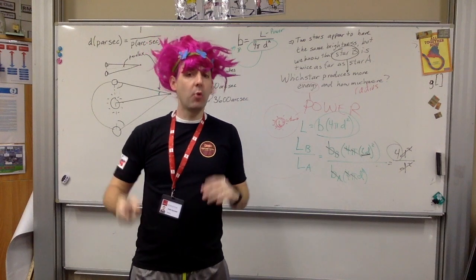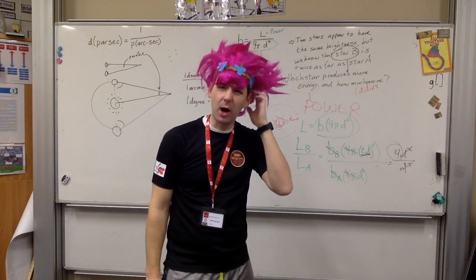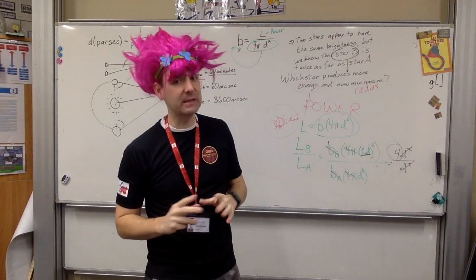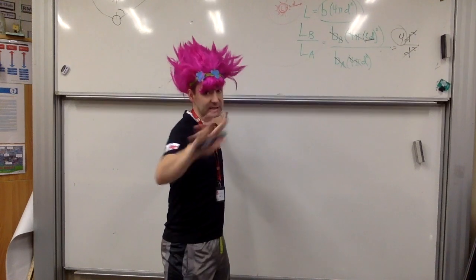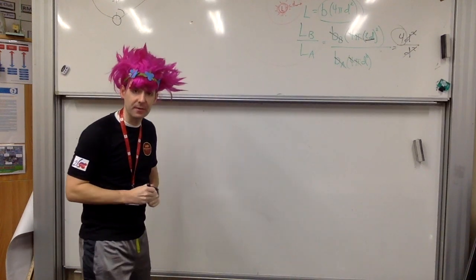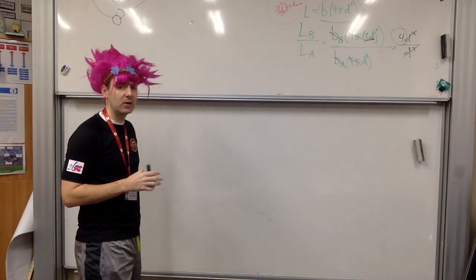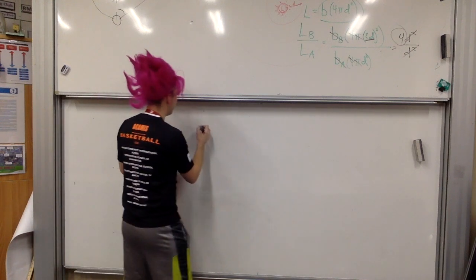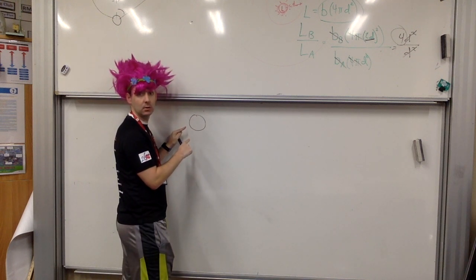Okay? One last thing before you go. There is a type of question that's common where it asks about an angle that's been subtended. All right? So this is just going to take an extra 60 seconds, but I want to talk about the angle that's been subtended. All right? Now, when it talks about an angle that's been subtended, basically what it means is we're assuming that we are stationary now. All right?